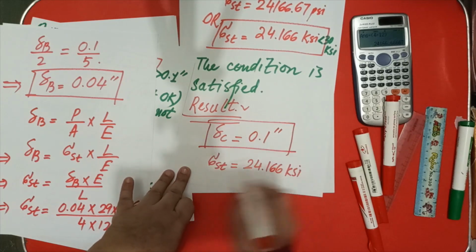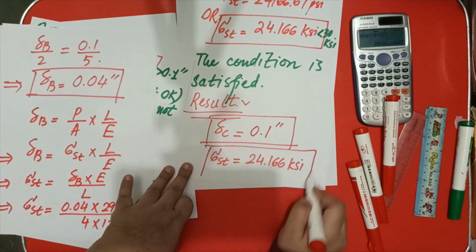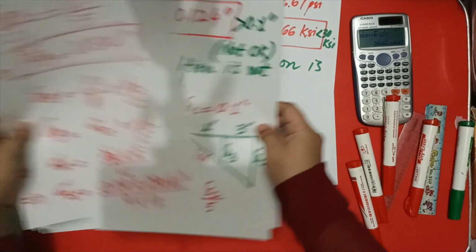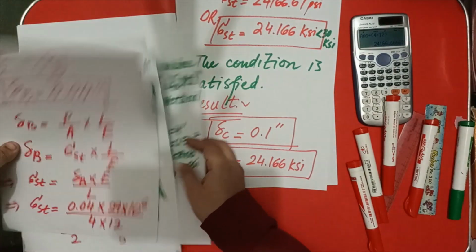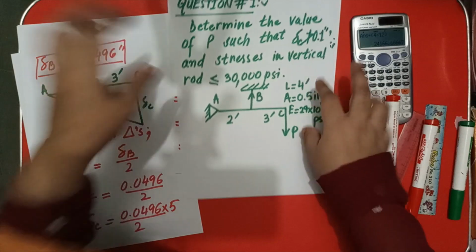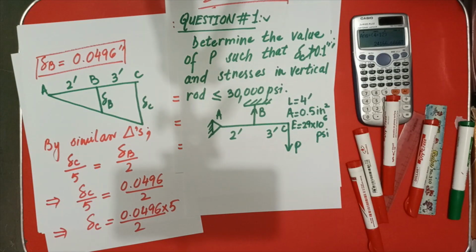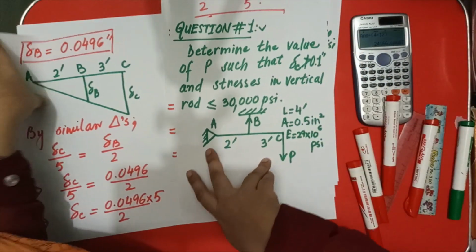We have assumed delta C equal to 0.1 inches and we get the value of stress in steel as 24.166. So the first step is, if you assume first that delta C is equal to 0.1 inches, then your condition is satisfied in the first case.